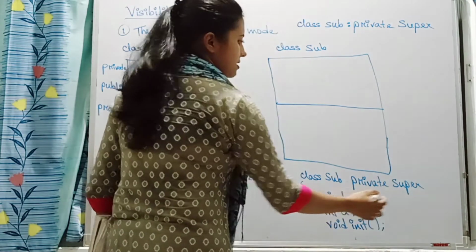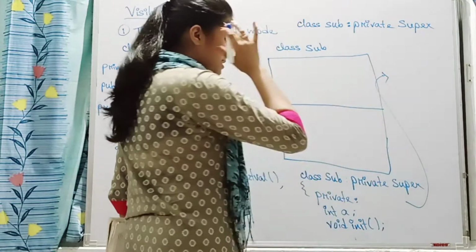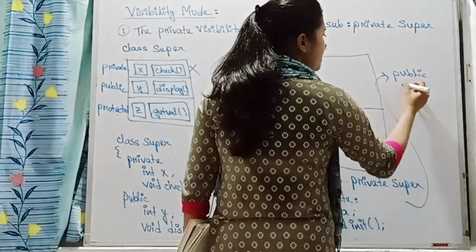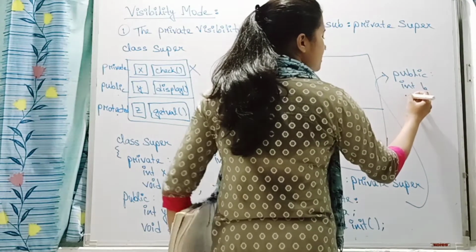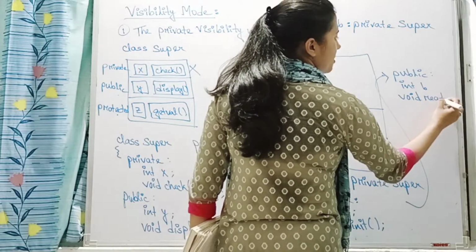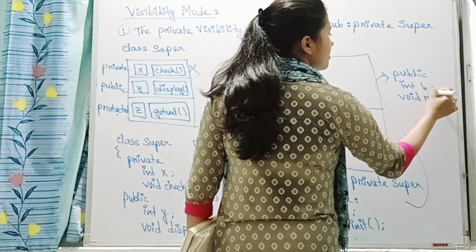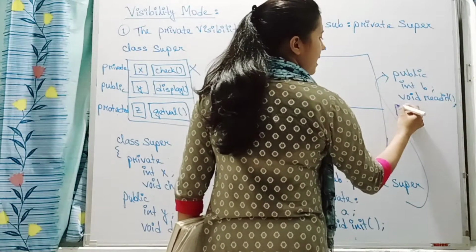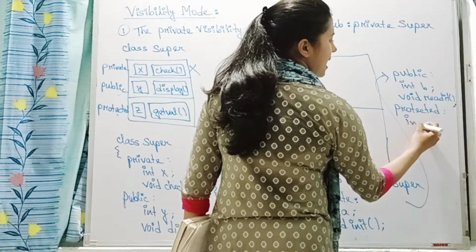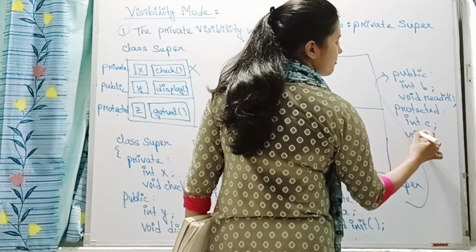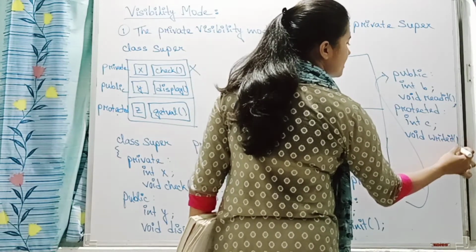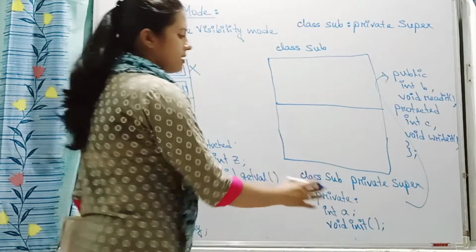Then under the public section we are defining B and void readIt. This is the member function defined for the class sub. Then under the protected section we are defining int c and void writeIt. Okay, this is how we are defining the subclass.